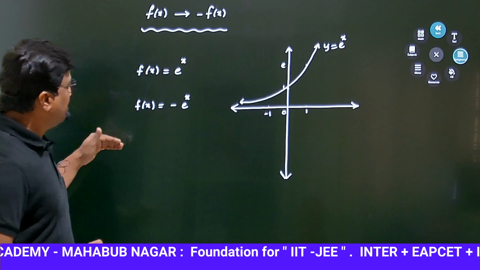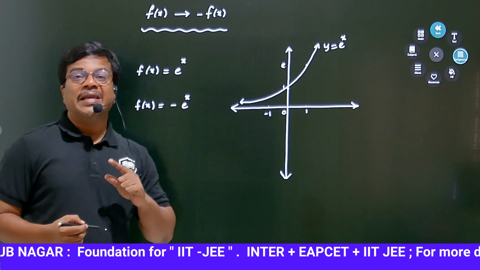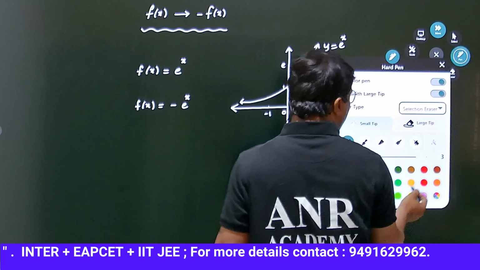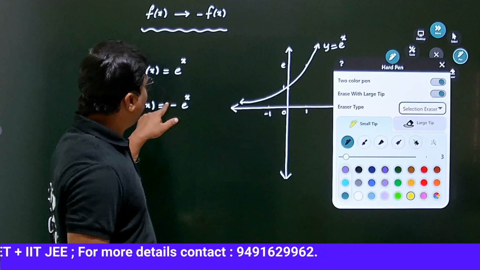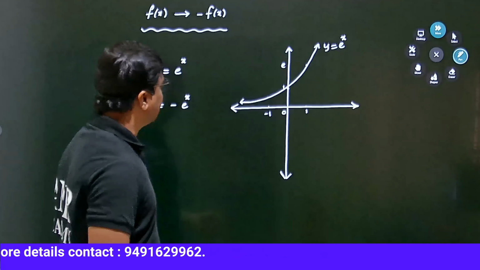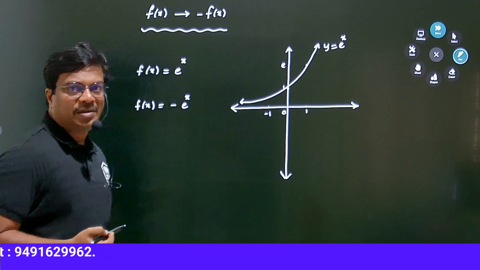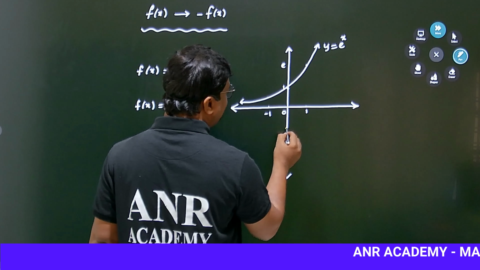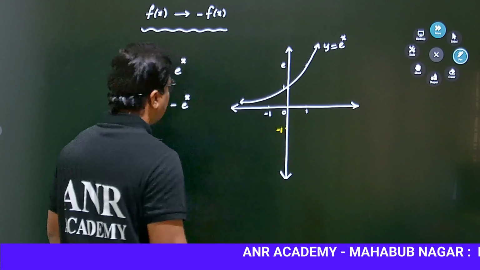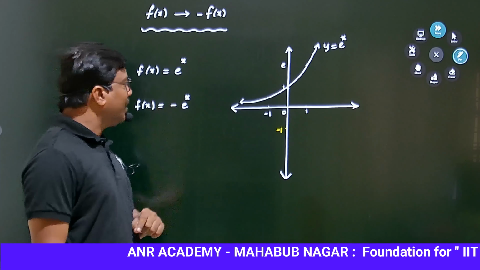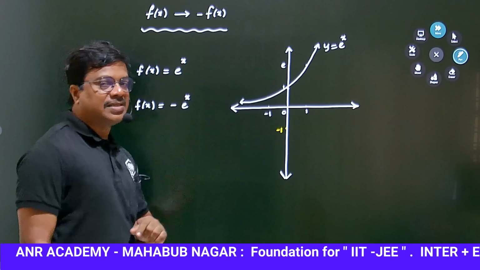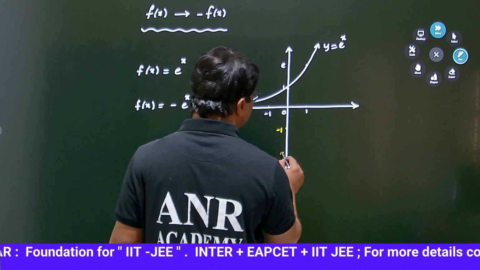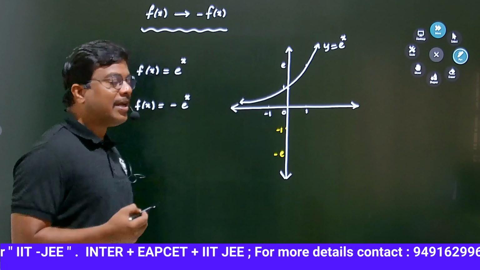Now let us observe the graph of f of x equal to minus e power x. Suppose the value of x is 0, then minus of e power 0 is nothing but minus 1. So when you give input 0, the output becomes minus 1, that is here. Next, if you put x value 1, e power 1 here, outside the minus sign, so minus e, that is minus 2.718 approximately.